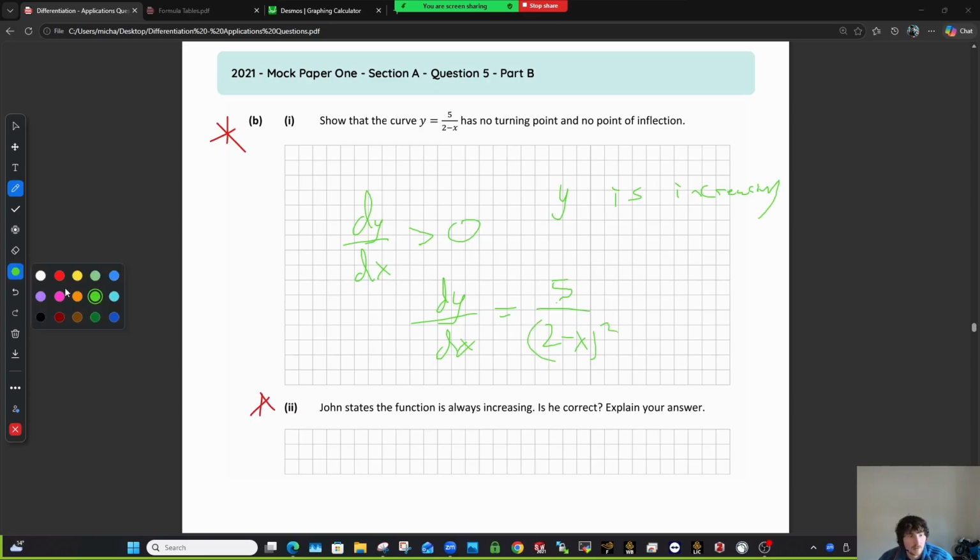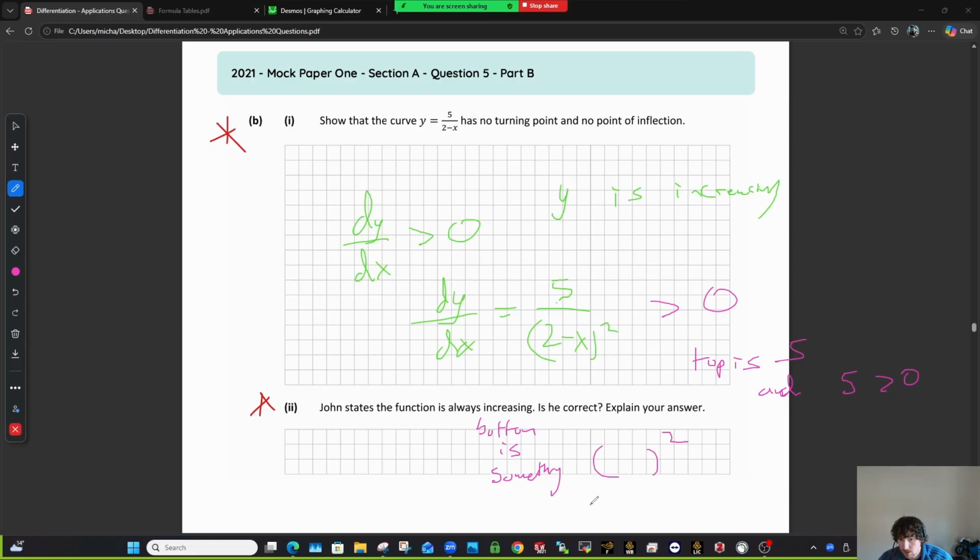So why is this always increasing? Why is this always greater than 0? You just need to explain it to the examiner. You'll say that the top is something like 5, and 5 is greater than 0. You would talk about the bottom. The bottom is something that's being squared, it's something squared, which is therefore greater than 0.